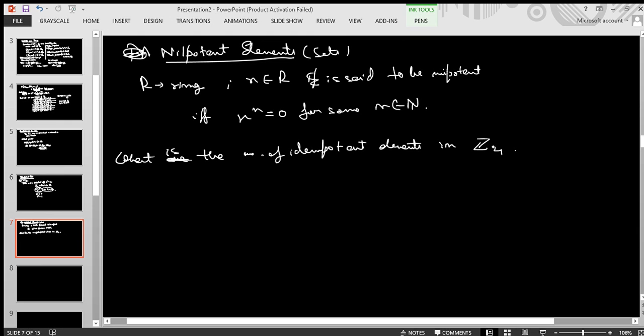Let me increase this a bit, Z10, let's say. What are the number of idempotent elements in Z10? How will you find that? You can pause the video and try it on your own. I will give you a shortcut formula.